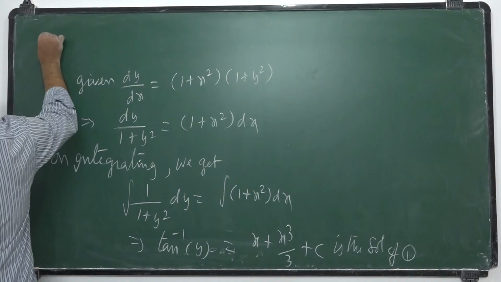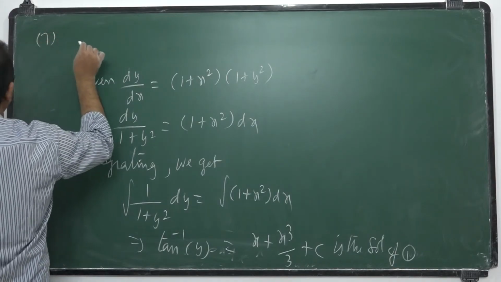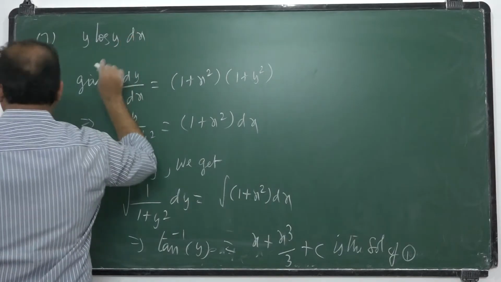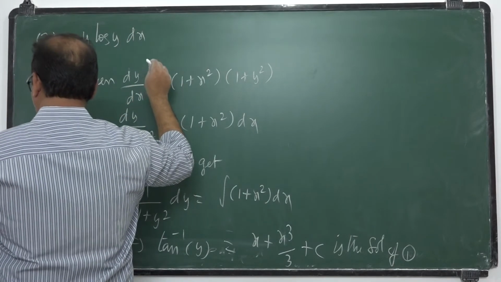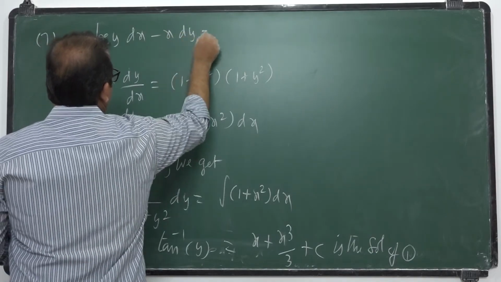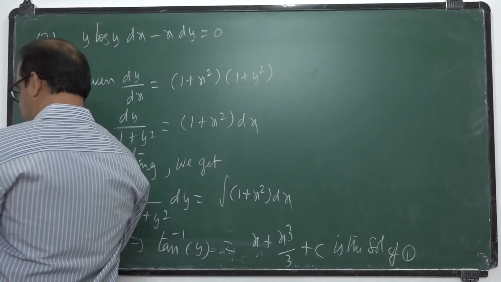Seventh, y log y into dx minus x into dy is equal to 0.